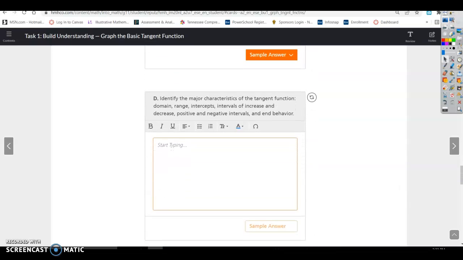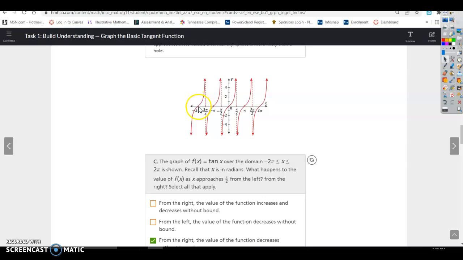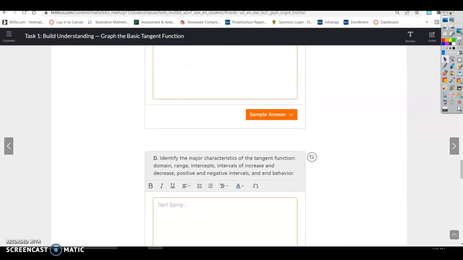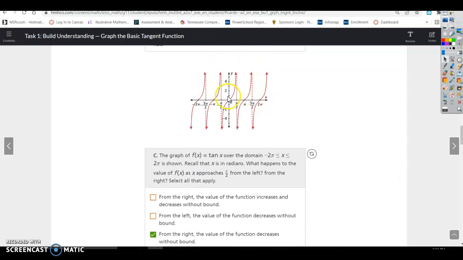Identify the major characteristics of the tangent function. All right, so we looked at the domain and the range. Domain comes from your x values, or in this case, your theta values. Range comes from your y values, or your f of theta. The intercepts, you can see where it intercepts the graph. So it intercepts at -2 pi, -pi, 0, pi, and 2 pi. So those would be your x-intercepts. And the y-intercept would be at 0, 0.